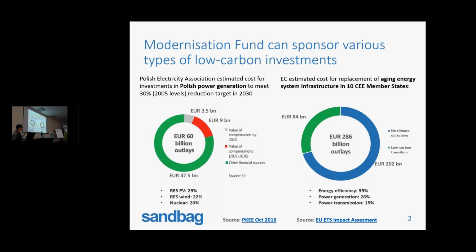As you can see, we're comparing one country's power generation with 10 countries' modernization of the whole energy sector. It's very important to have in mind that the low energy bills can be kept also in the way proposed by the Commission, which is cheaper and more diverse.